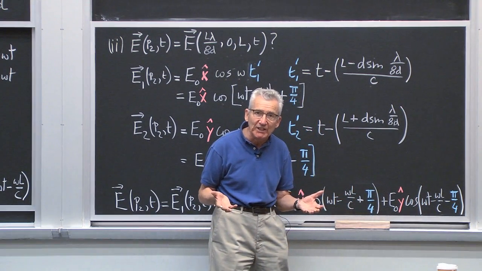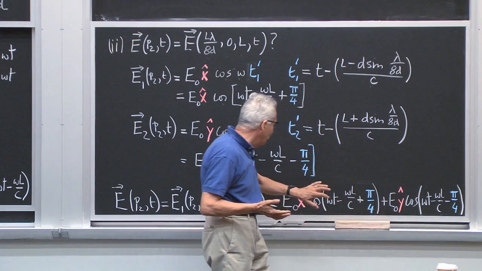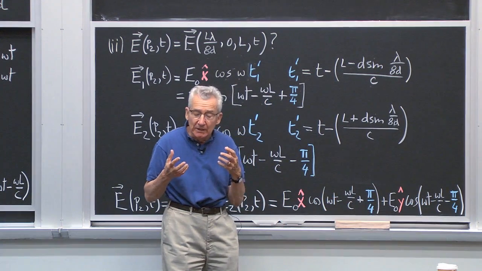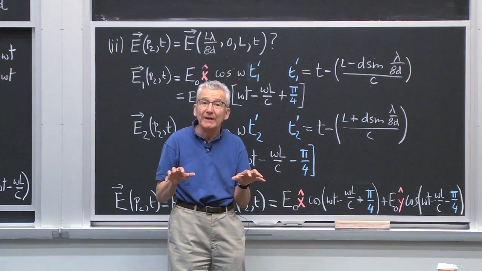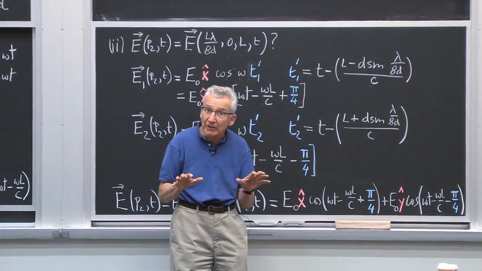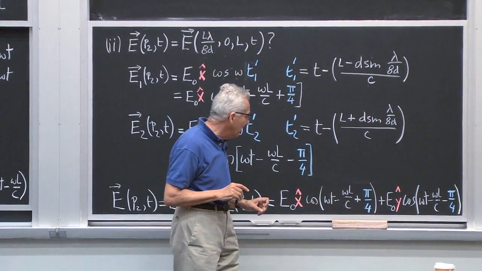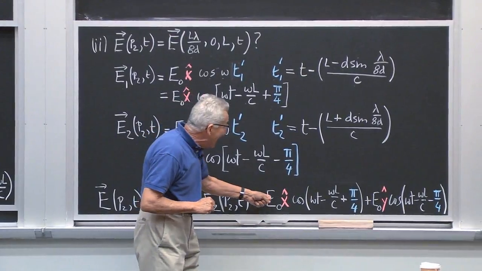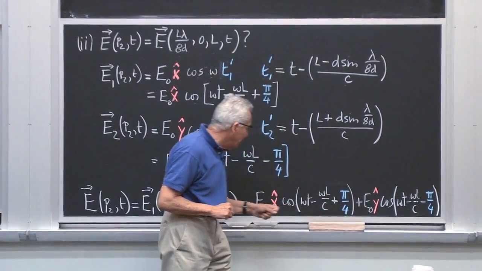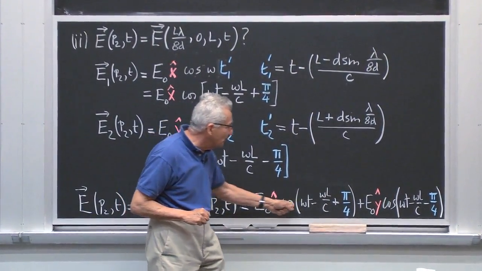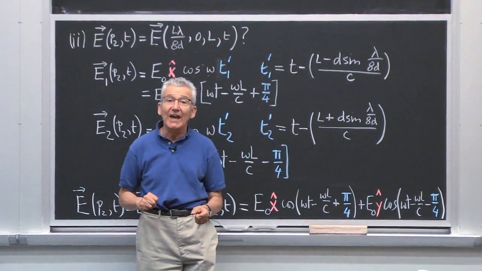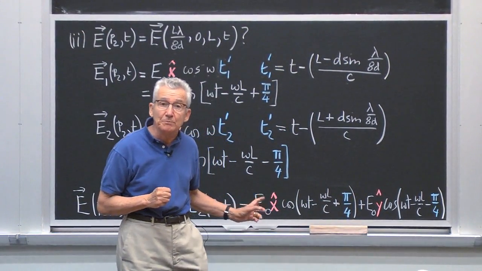It's 90 degrees. So this is out of phase with one with respect to the other by 90 degrees. They're coherent, but 90 degrees out of phase. The magnitudes are the same, but this one is pointing in the x direction and this in the y direction, and you know what that corresponds to.